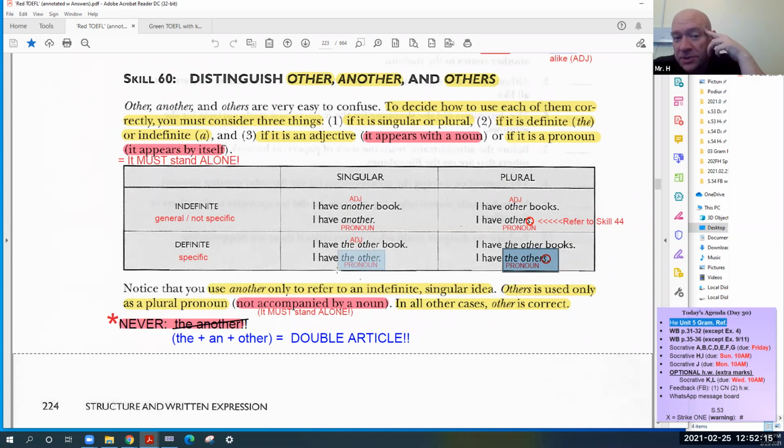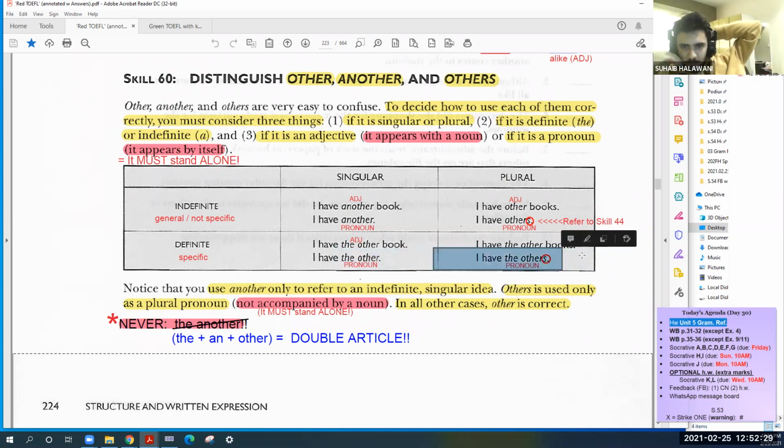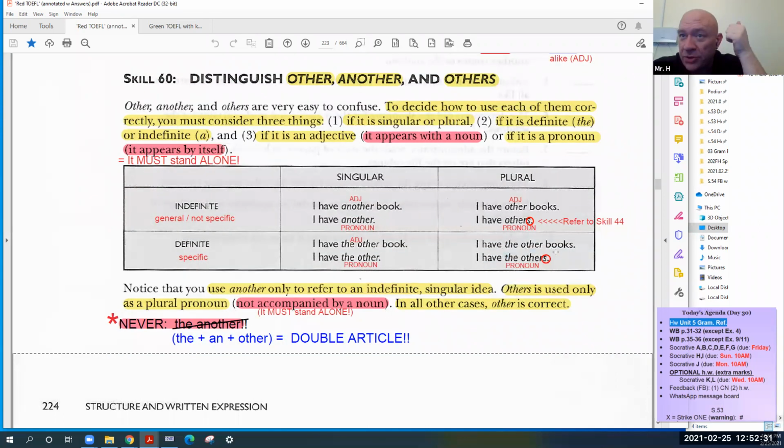On the left, it's singular, on the right, it's plural. What about let's compare up and down? Down here, there's an S, but there's also an S here. What's the difference?